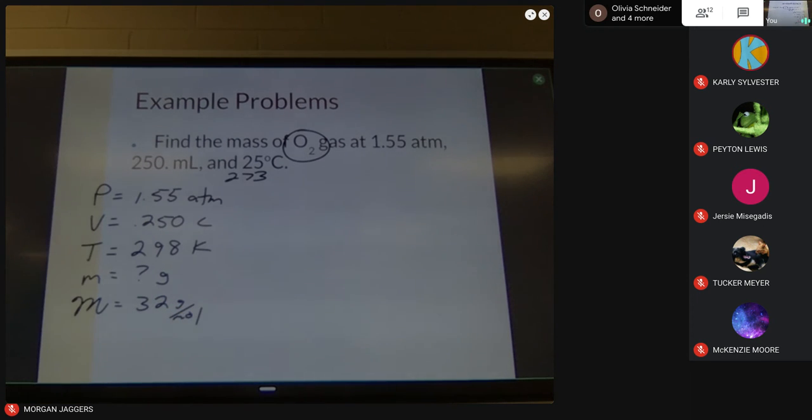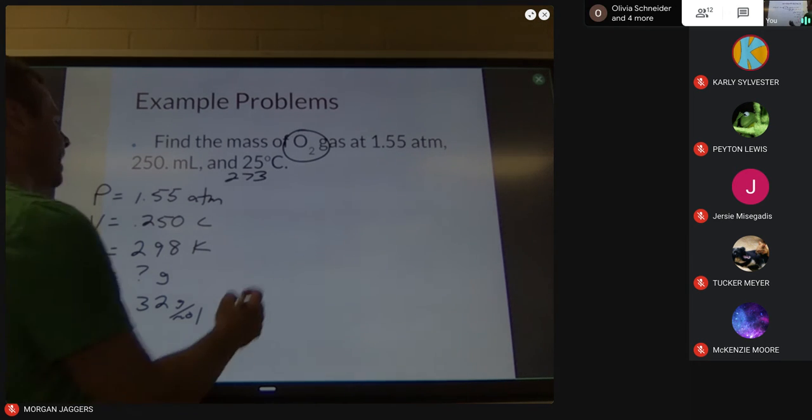Typically, I'm not going to be too specific on sig figs here. When we look up molar masses, we typically never use those for sig figs. If you want to keep 3, that's fine. You could use a more exact molar mass, but it's going to be pretty close to 32.